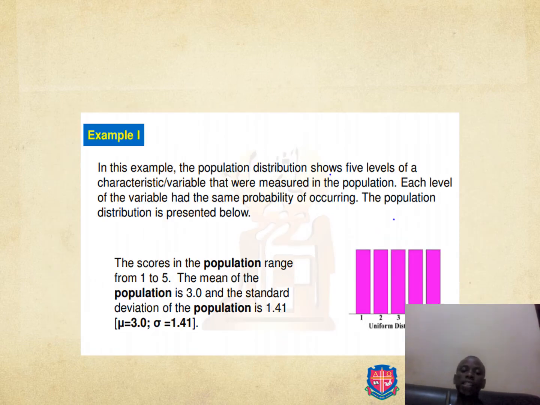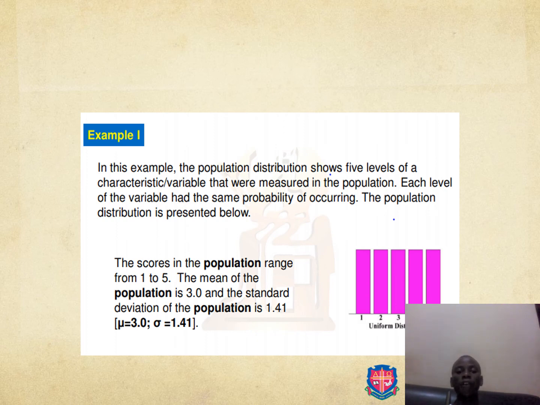So this is an example to illustrate the idea of the central limit theorem. In this example, the population distribution shows 5 levels of a characteristic or variable that were measured in the population.